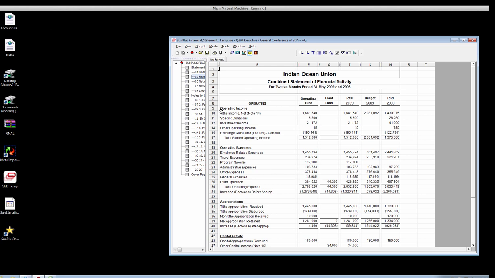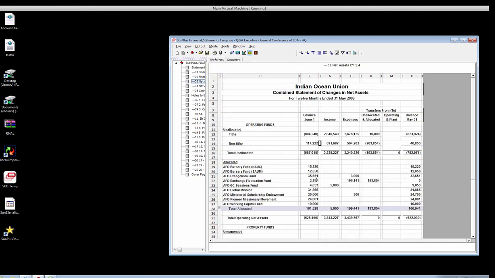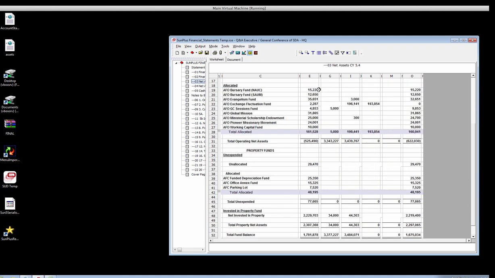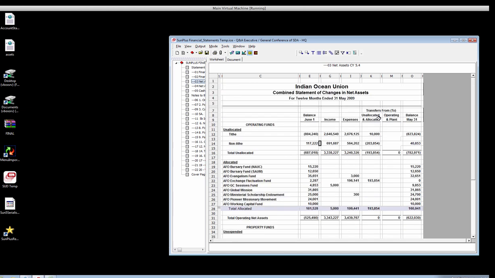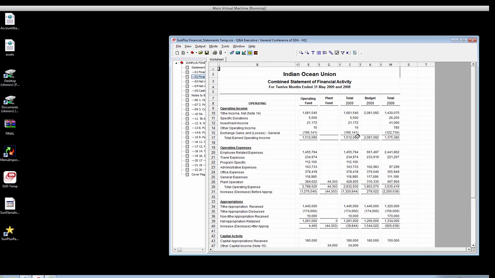What we did is that we took the statement of net assets and compared it back to our balance sheet and our income statement, looking for places where the statement of net assets was not in balance, and we narrowed it down. We compared the beginning balance on the statement of net assets to the beginning balance on my statement of financial activity.